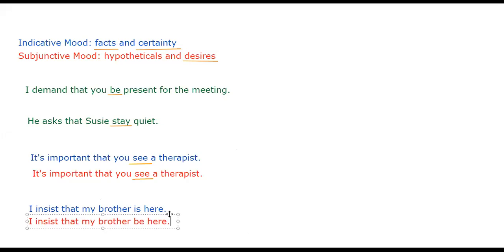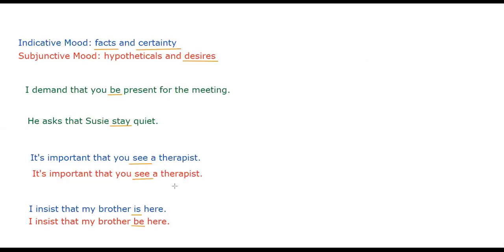Again, in the third person singular, he, she, it, or any singular noun like my brother, since it's just one person, that's when the subjunctive is made pretty obvious. So here we have two different verbs. The first is the indicative is, the second is the subjunctive be.